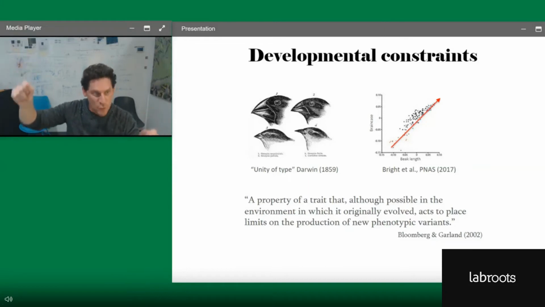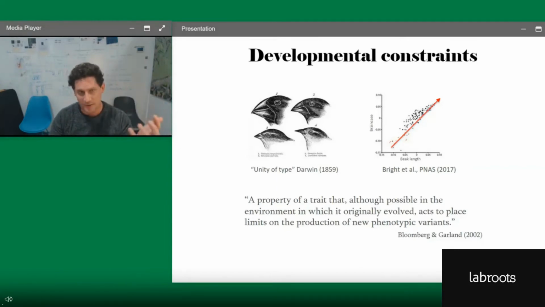Because they're moving together in this morphological space, if you will. So again, while this has been described for a long time, there are many ecologists, many people who go out in the field, collect specimens, and make a lot of measurements. You tend to see these relationships all over the place. But there is very little molecular understanding of the underpinnings of why we see these types of trends and traits in evolution.